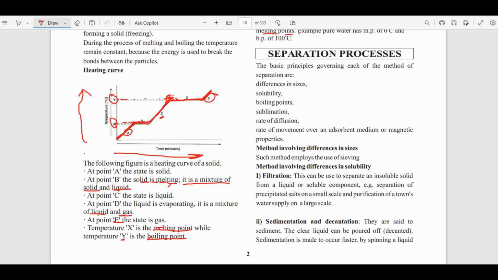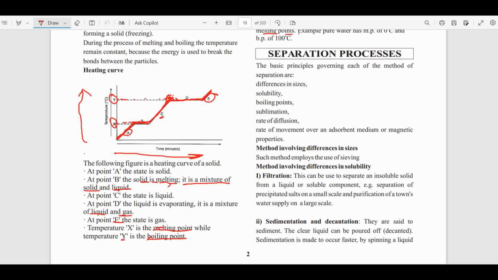But in separation processes, you must take advantage of the individual properties of the mixture. For example, their sizes, their solubility, their rate of diffusion, their rate of movement over an adsorbent medium, or also sublimation or other physical properties.